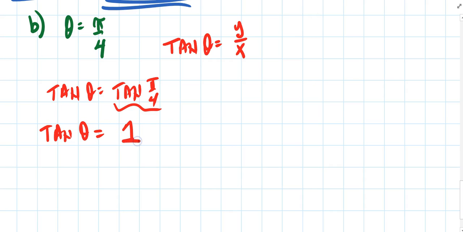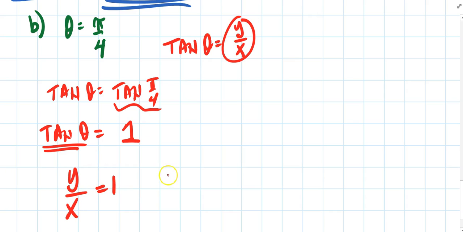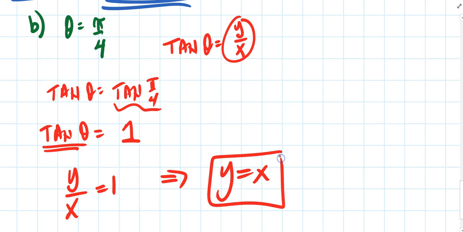It's a value of 1. So now I know that every tangent of theta is worth a y over x, so I can make a substitution and say y over x is worth 1. This would imply that y is equal to x is the equation that we're looking for. So the polar equation of theta equals pi over 4 is equivalent to the rectangular equation y equals x.